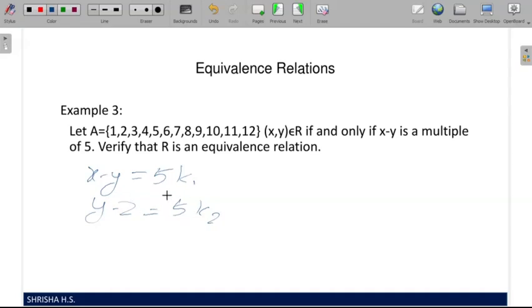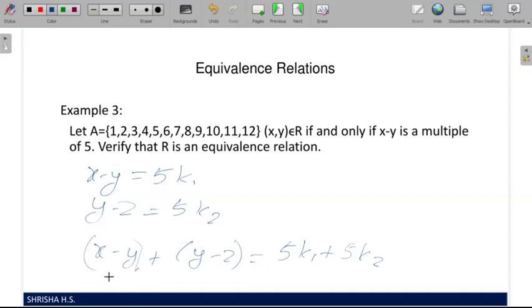So let's add them: x minus y plus y minus z equals 5 into k1 plus 5 into k2.